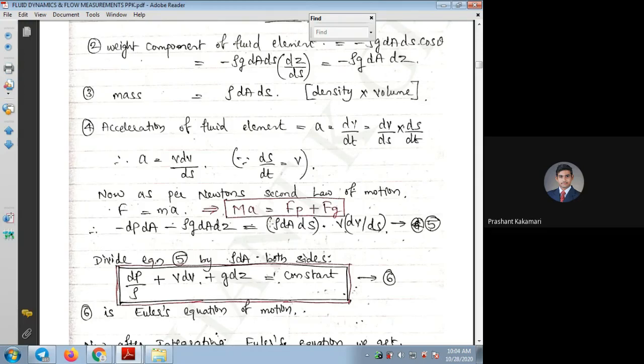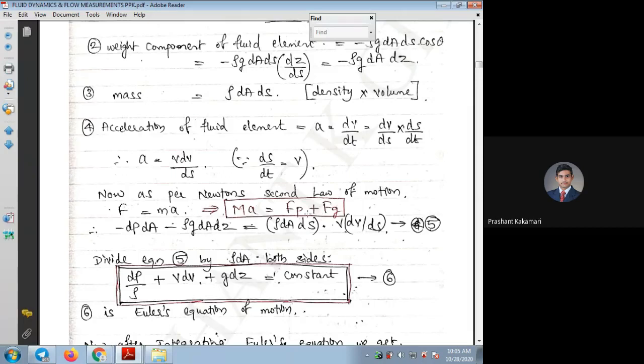Mass we considered as rho into volume. That volume is area dA and length ds. That becomes the mass of the fluid element, and acceleration is velocity into change of velocity with respect to distance, so we have taken v into dv by ds.